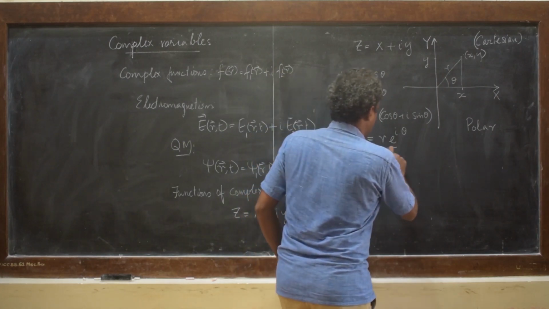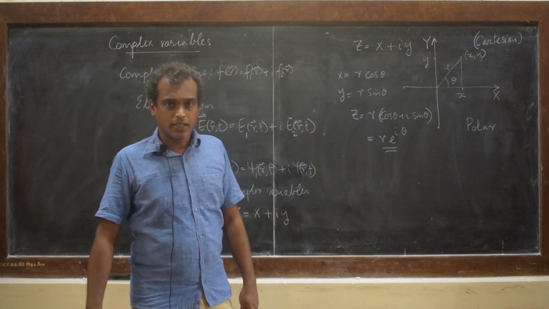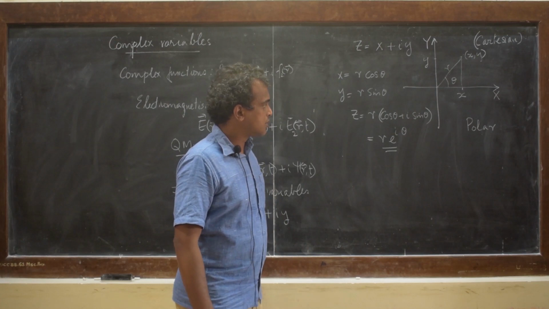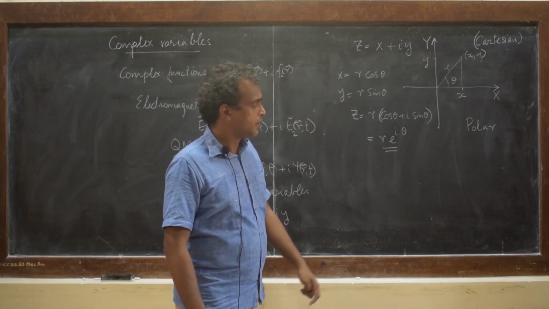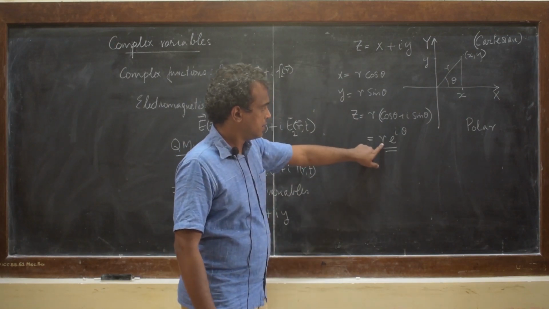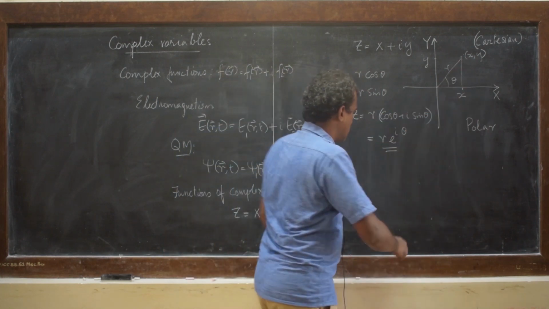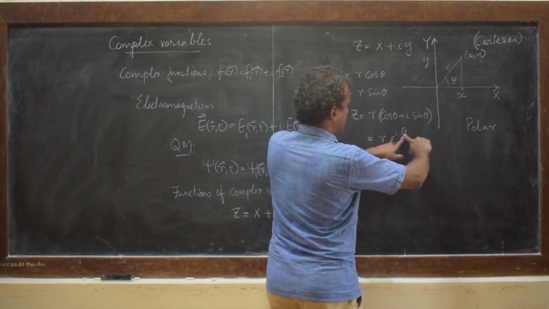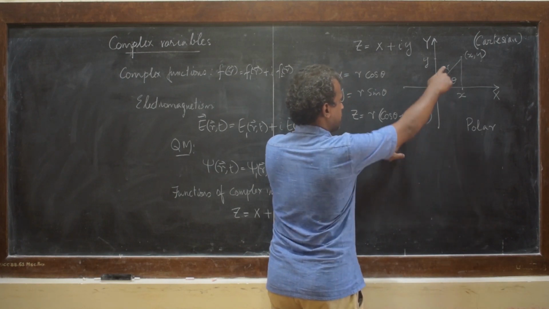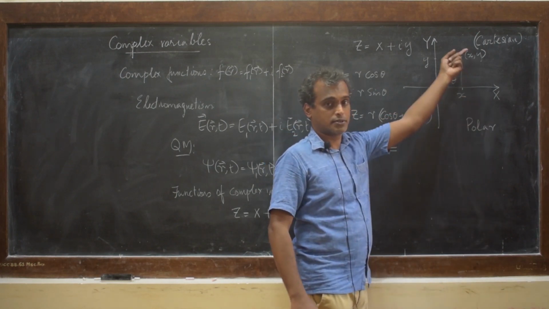So, this gives us another way of writing a complex variable z, that is by saying what its distance from the origin is and measuring at what angle that point is from the real axis.